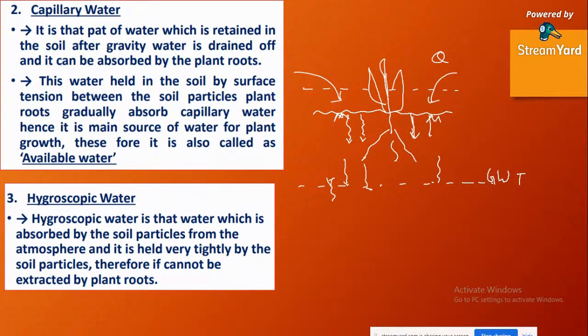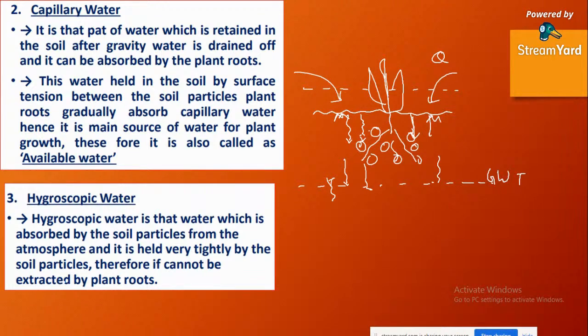During its movement from this point to this point, some part of the water will be stored in the voids of the soil due to the surface tension property. That part of the water which is stored in the voids of the soil and utilized by the plant roots is called capillary water.